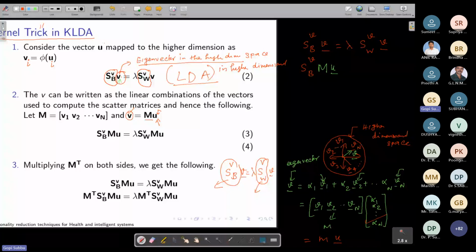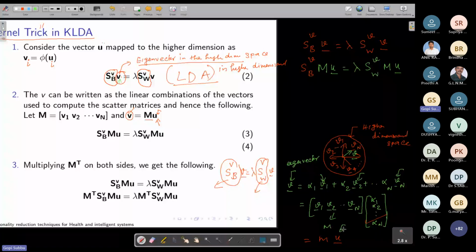So SBV MU is equal to lambda times SWV MU. Again, U is some arbitrary vector, because this is a coefficient. The coefficients are coming, and that coefficient vector I'm calling U as far as this slide is considered.